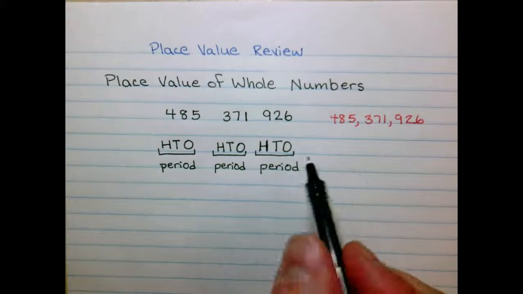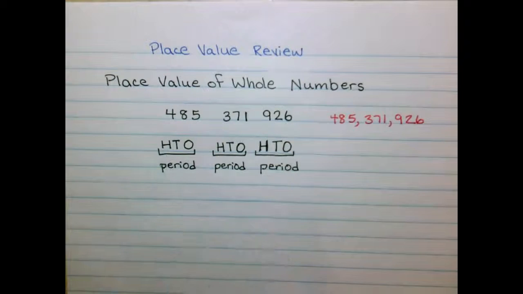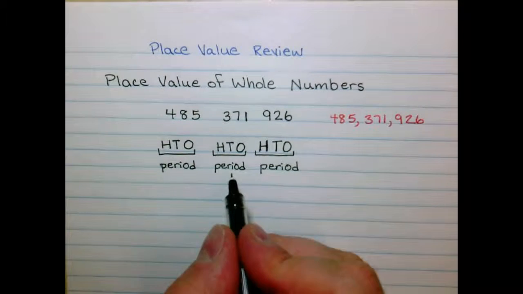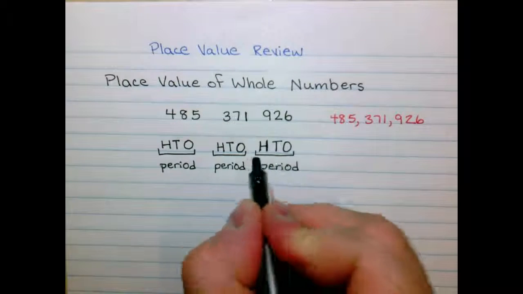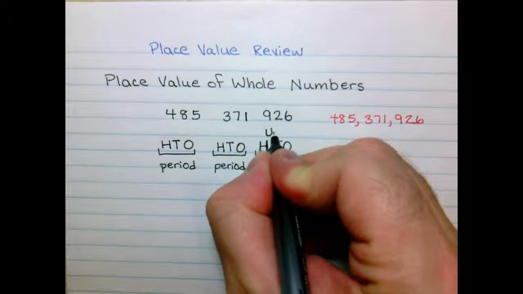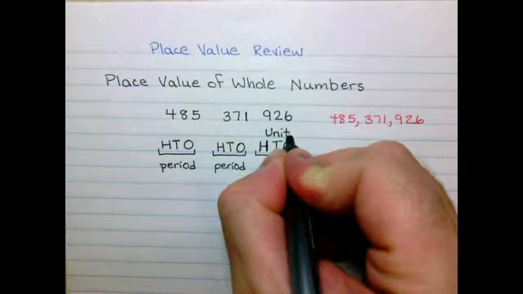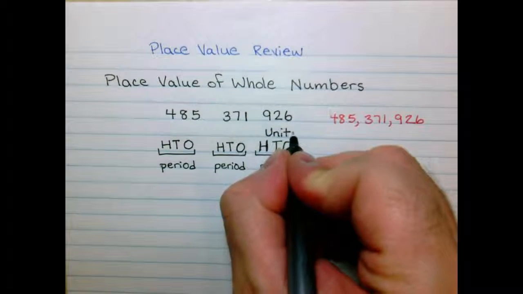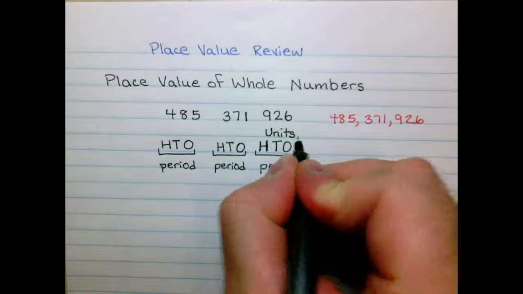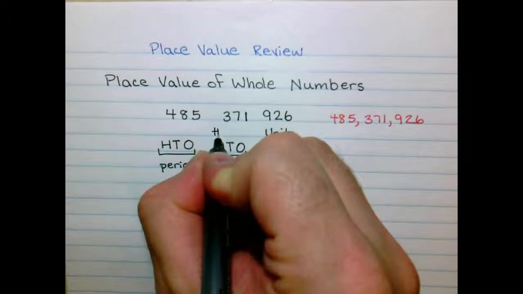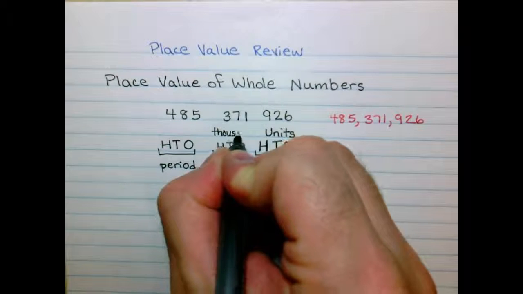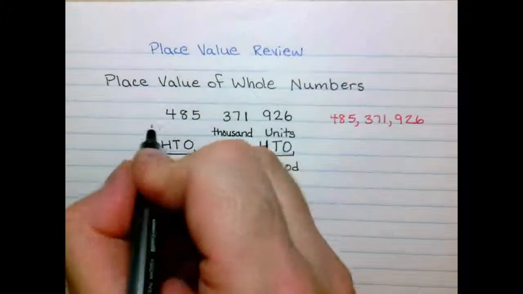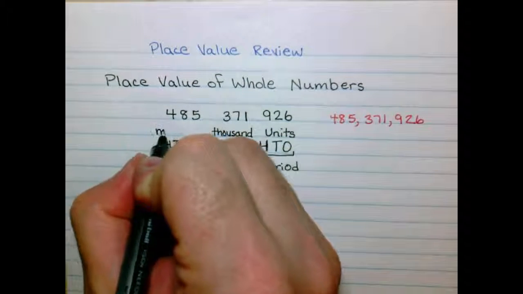But instead of saying the first period, second period, third period, we give them names. The first one is called the units, or when we say this number, it would just be 926 units, or just 926. The second period is the thousands period, and the third period is the millions.